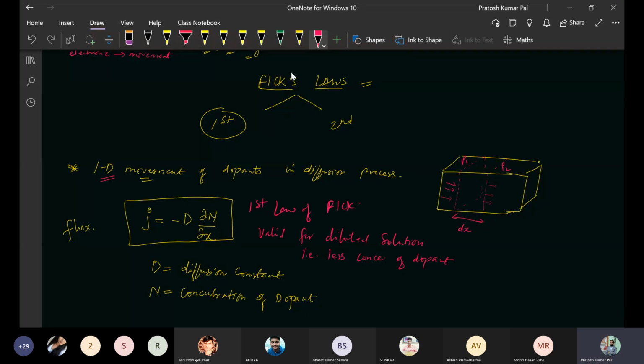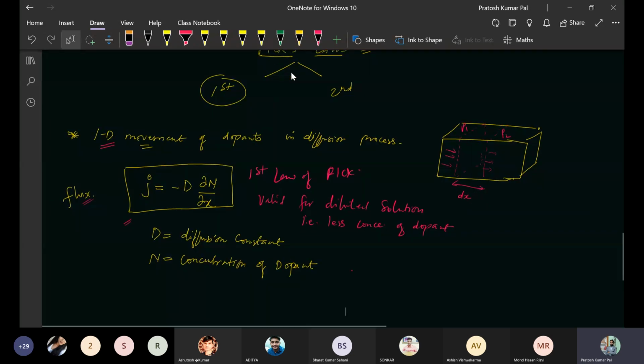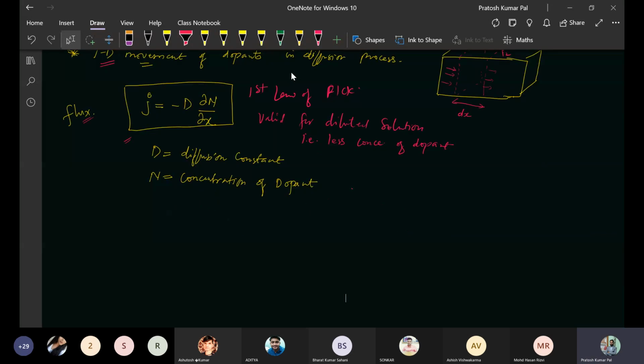Okay, and here we have seen the diffusion constant. Previously we have seen that the diffusion constant is given by exponential of minus Ea divided by kT. Here Ea is called the activation energy of diffusion.